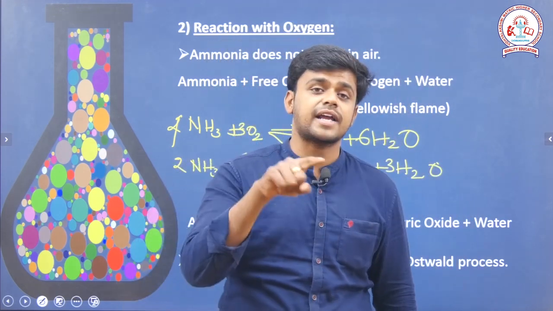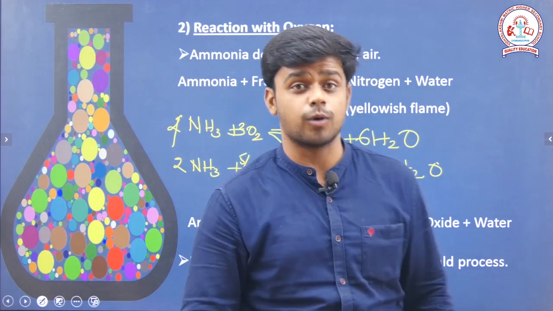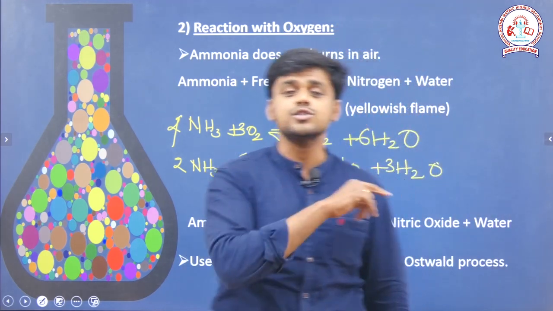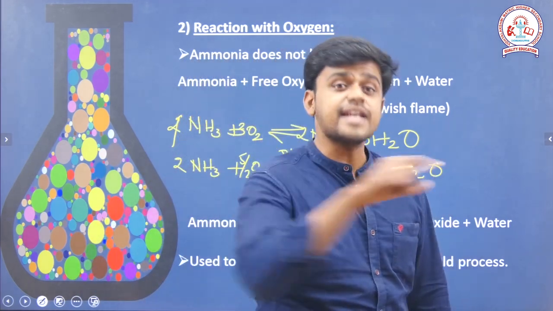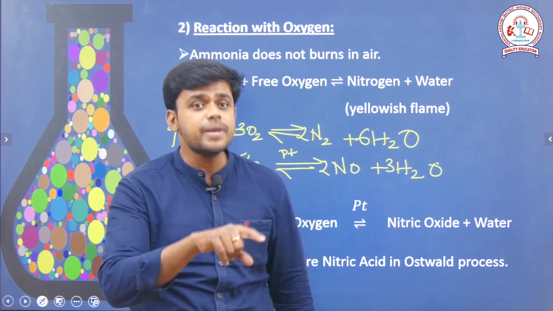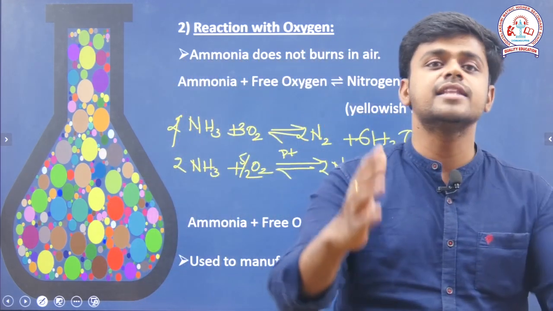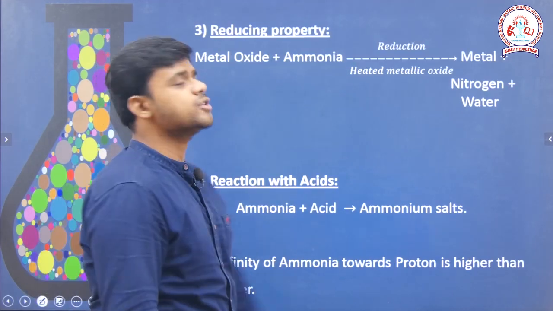In the absence of the catalyst, it gives dinitrogen. That too it burns with a yellowish flame. There is no doubt about that. In the presence of a catalyst, it gives nitric oxide and water. The nitric oxide that we get here will be utilized for the preparation of nitric acid in the process called the Ostwald process. Then next one, reducing property.